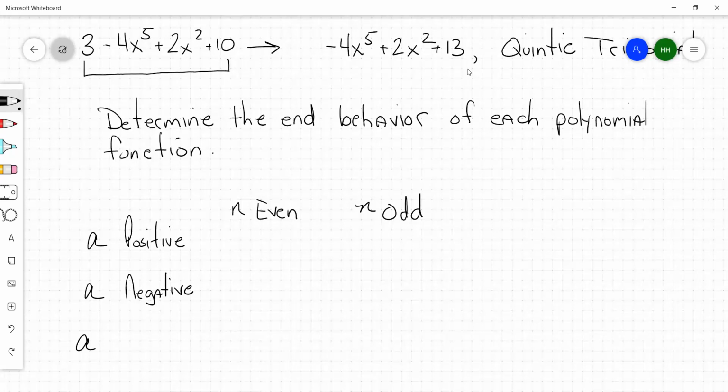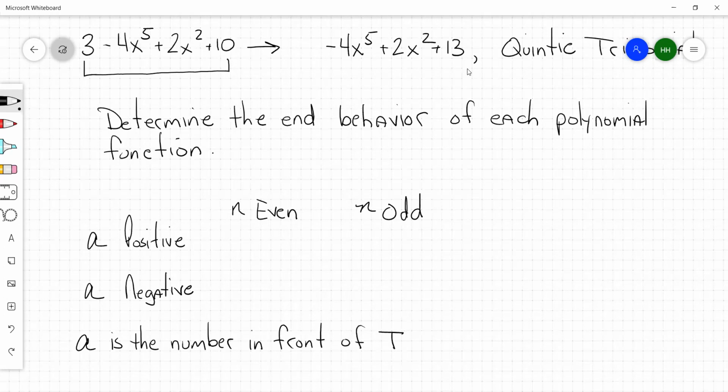A is the number in front of term 1. All right, so this A in this table is the number in front of term 1. N is the power. Let's say degree.